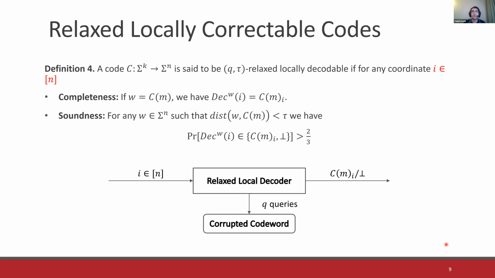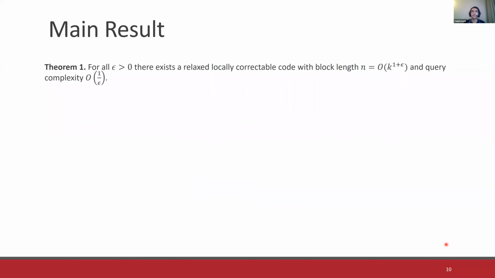Okay, cool. So the main result that I'm going to talk about is that for all positive epsilon, there exists a relaxed locally correctable code or decodable code with block length equal to O of k to the power 1 plus epsilon, with query complexity of 1 over epsilon.